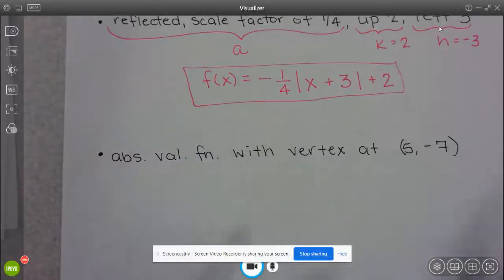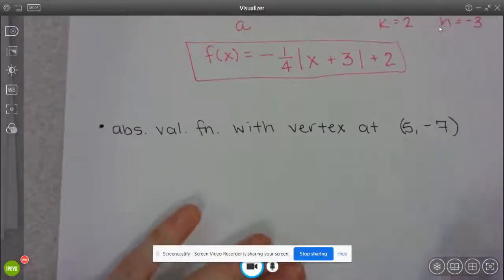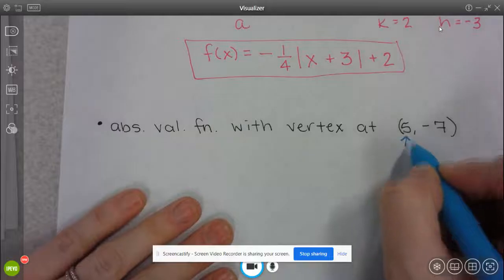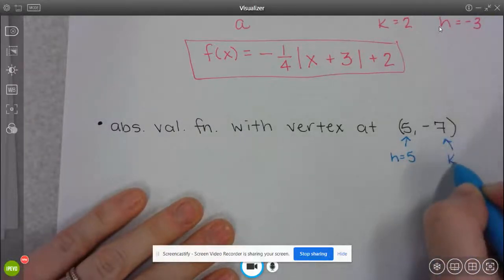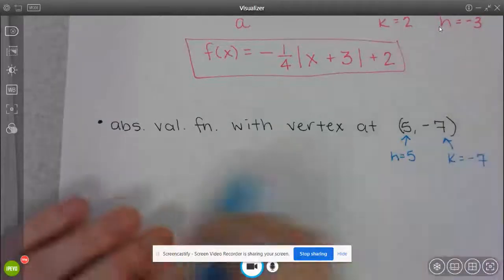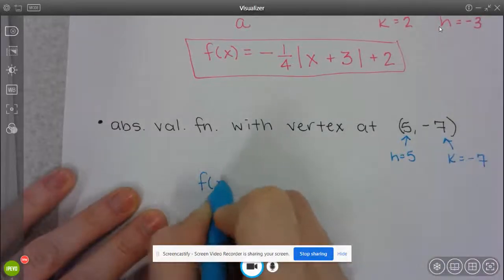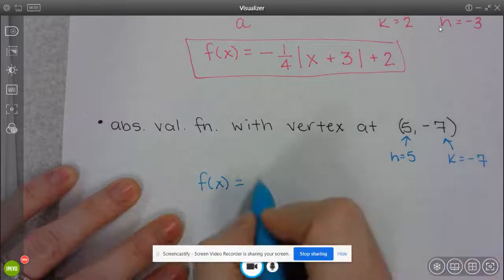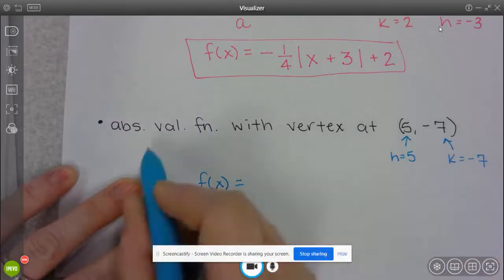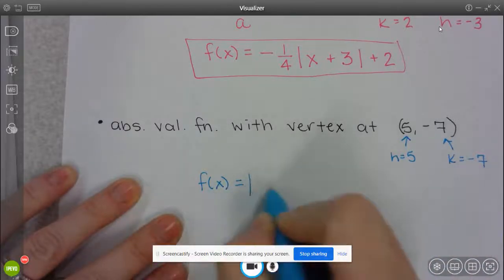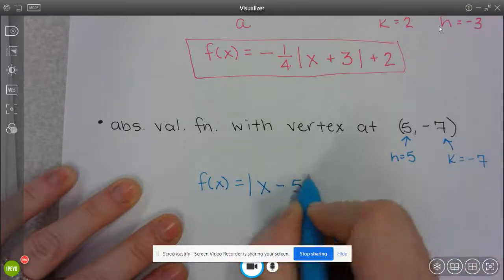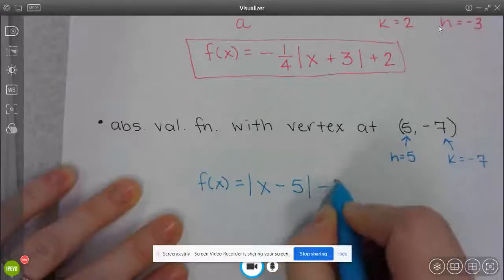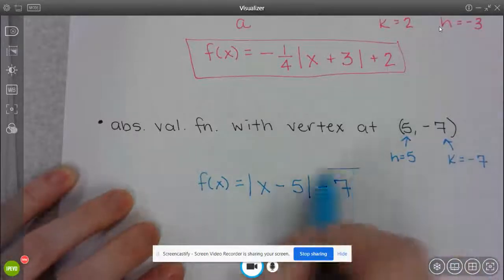In this case, it's not giving me a scale factor. So this is going to be my H value. This is going to be my K value. So I would have f of x equals no A value. It didn't say anything about a stretch. It's the opposite of H. So I'm going to do -5 and then the same as K, so -7.